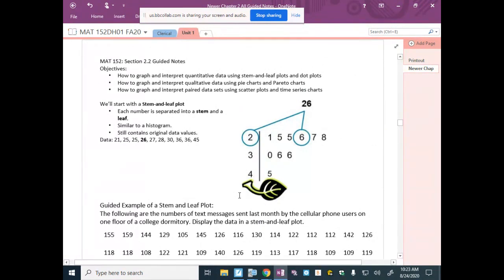Each number is separated into a stem and a leaf. They do contain the original values. So for instance, with this data here, 2 is the stem and 6 is the leaf. Now, you would be expected to provide a key. 2|6 would mean 26.